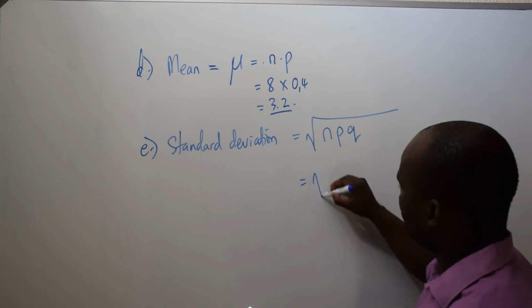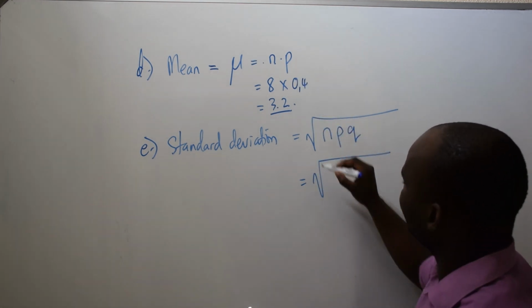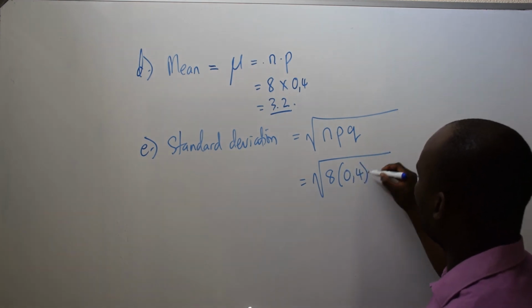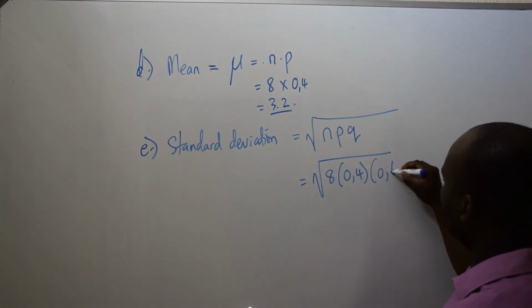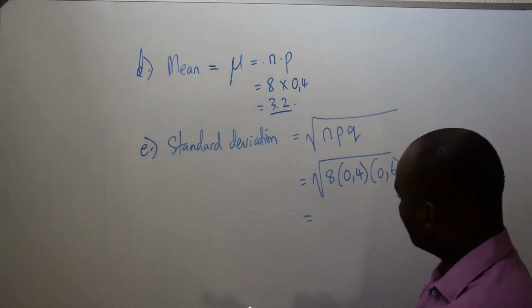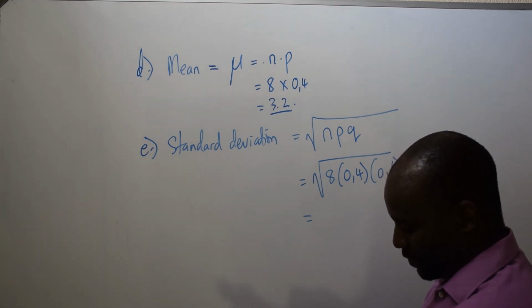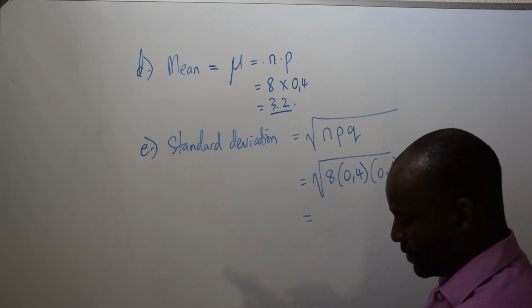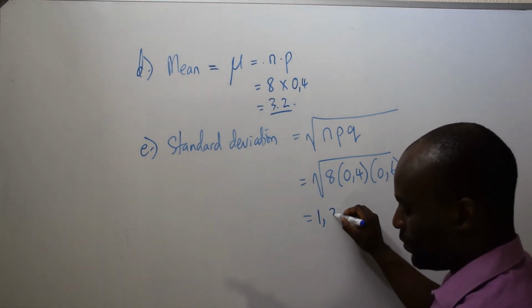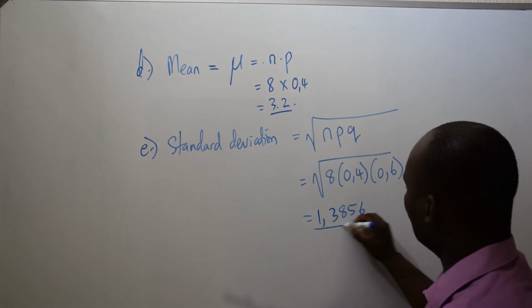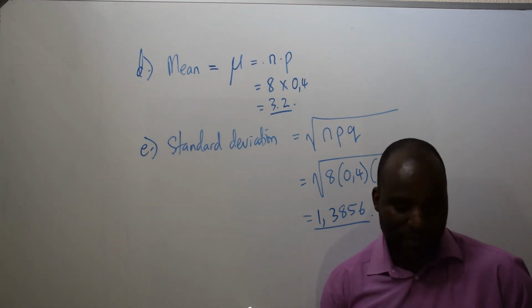Our n is 8, multiplied by p, 0.4, multiplied by q, 0.6. So this is equal to the square root of 8 times 0.4 times 0.6. The answer that you get there is 1.3856. That's your standard deviation.